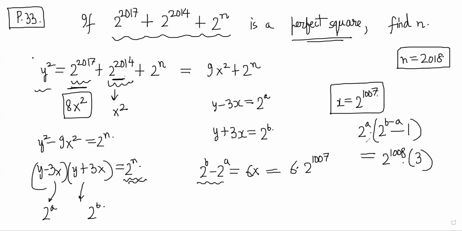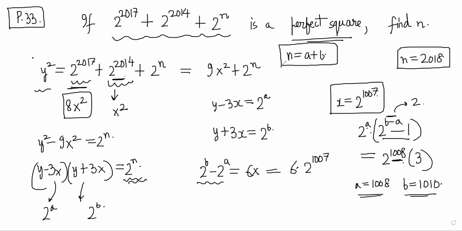So from here, it is obvious that a must be 1008 and b minus a must be 2. A is 1008, b is 1010. Then only this equation will be satisfied. And therefore n, which is a plus b, is 2018.